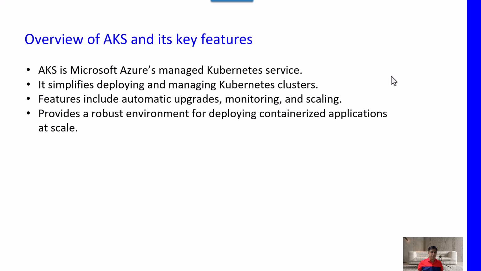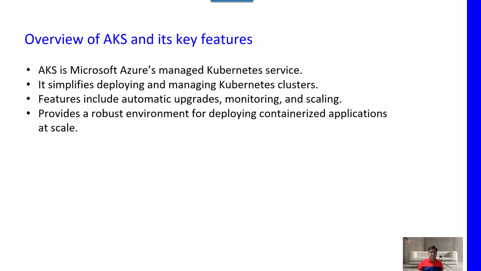Okay, so let's learn what AKS is and what its key features are. First of all, AKS is a Microsoft Azure managed Kubernetes service. There are other managed Kubernetes services as well, like OpenShift. Similarly, Microsoft has its own managed Kubernetes service called AKS. This is very important because it is hosted in the Azure infrastructure. It simplifies the deployment and management of Kubernetes clusters.